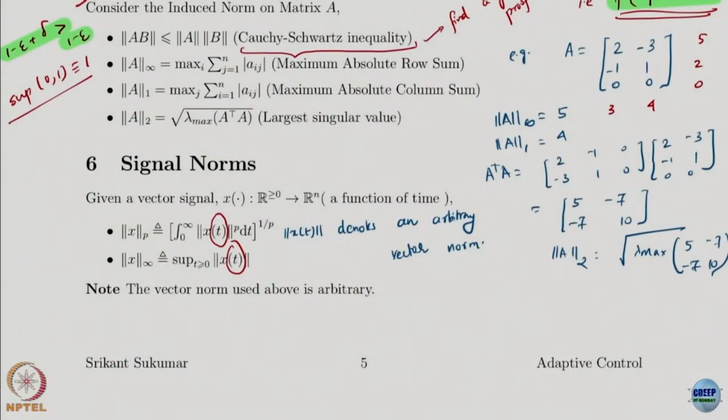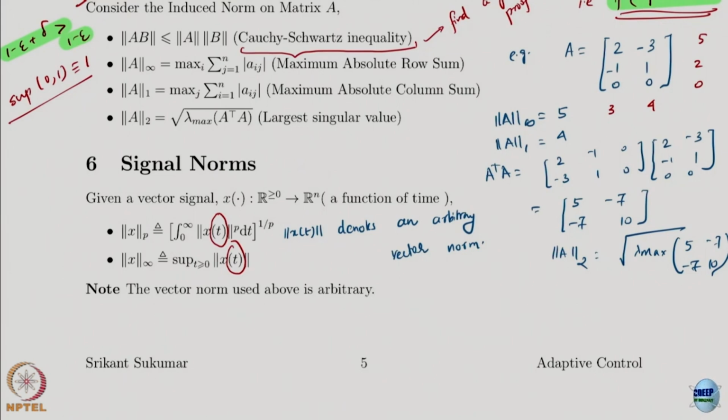You will see. If I am given a vector signal, it's almost looking like a function of time. You get some non-negative real inputs, and you get vector valued outputs. Then the P signal norm, or ||x||_p, is basically the integral over 0 to infinity.